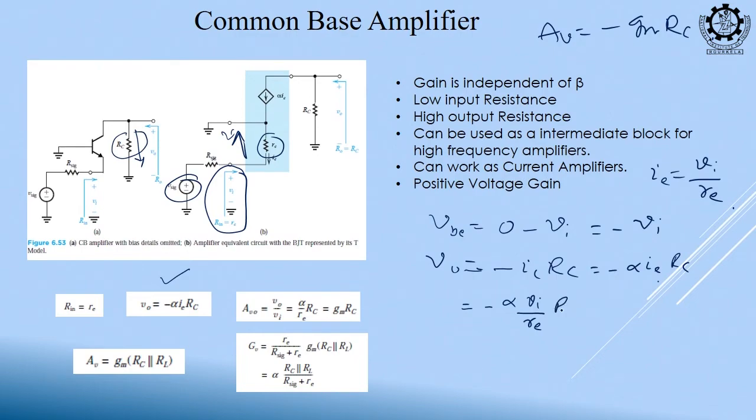So, what will be my AV0? V0 by Vi. So, divide this with Vi. So, what do you get? And here actually you see it will be minus Vi, because base is 0, emitter is Vi. So, base emitter is minus Vi.